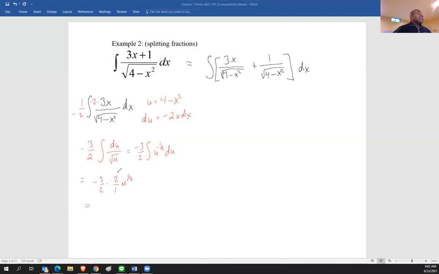So simplifying this, the 2's will cancel out. This will be negative 3. Now let's put it back in terms of x. So we'll have negative 3 times u to the 1/2 power. u is 4 minus x squared. So it's going to be negative 3 times the square root of 4 minus x squared. All right, so that's going to be the first part of our problem here.